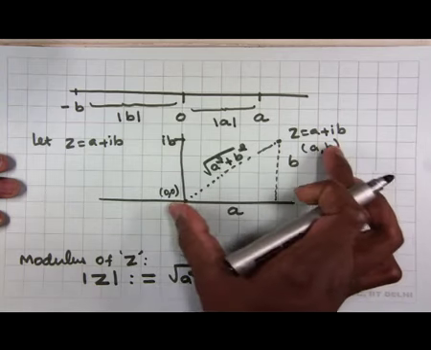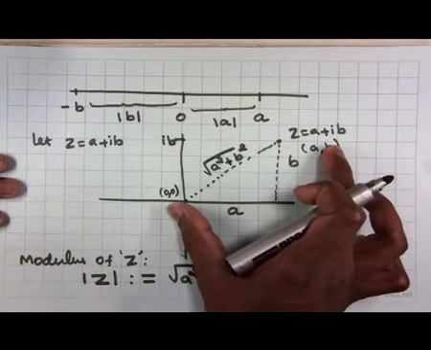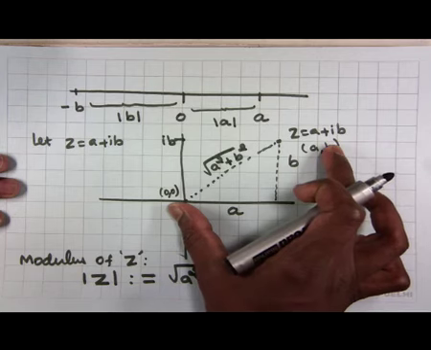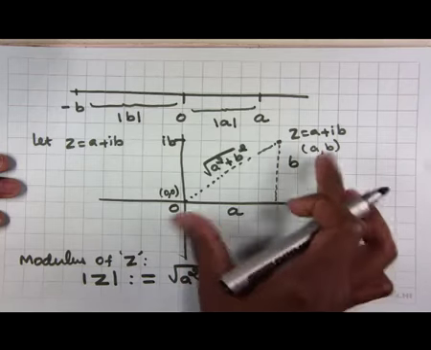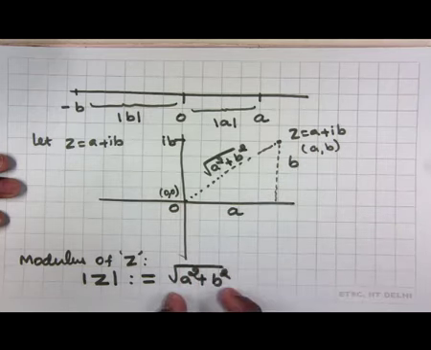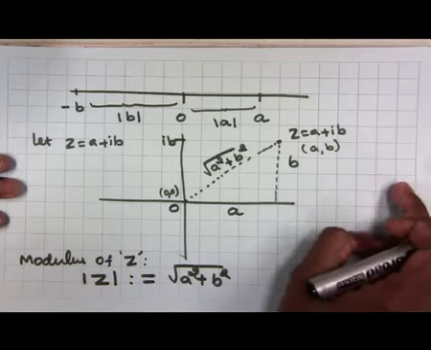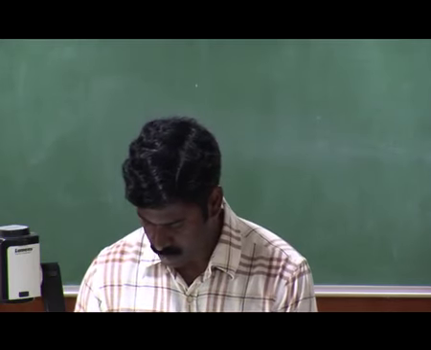Then the distance between these 2 points, given by the Euclidean distance, also coincides with what we have written. So it is consistent with the association with the R2 plane.